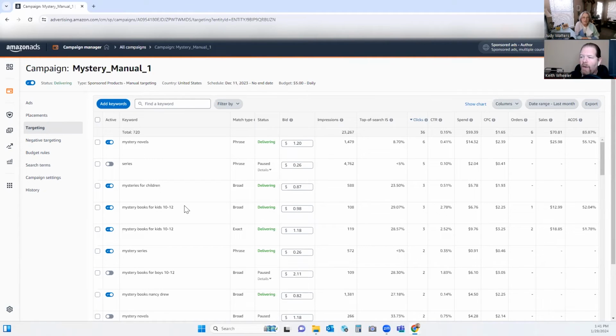And those should run. The best part about high performing keyword ads is, instead of this keyword ad overall running at 83% ACoS, when you start focusing on ads that are just your high performing keywords, they're going to start being way more efficient, and then they're going to start running below 60%.